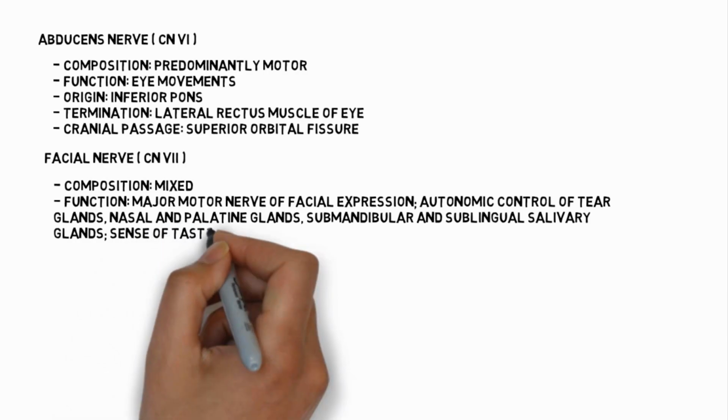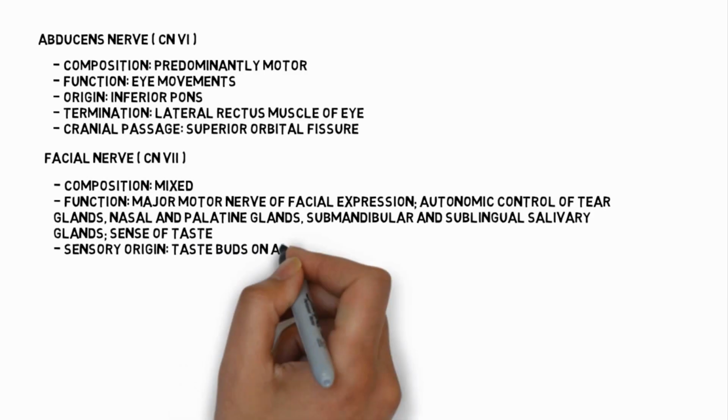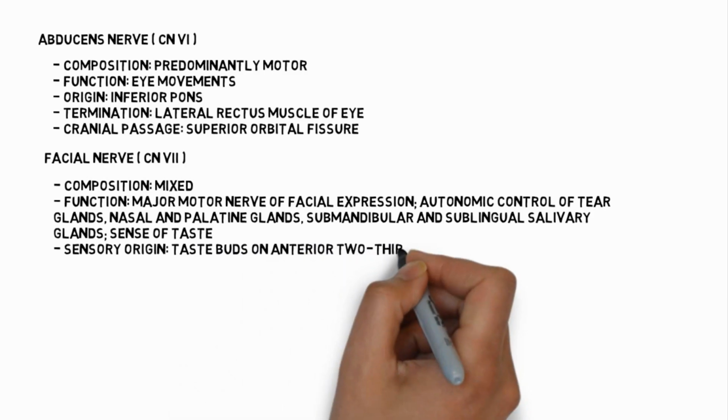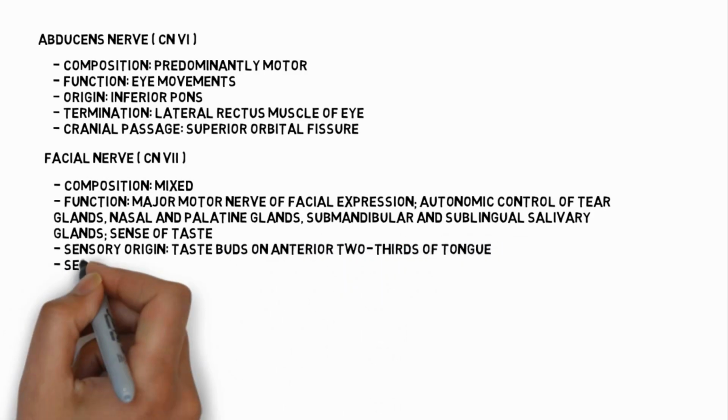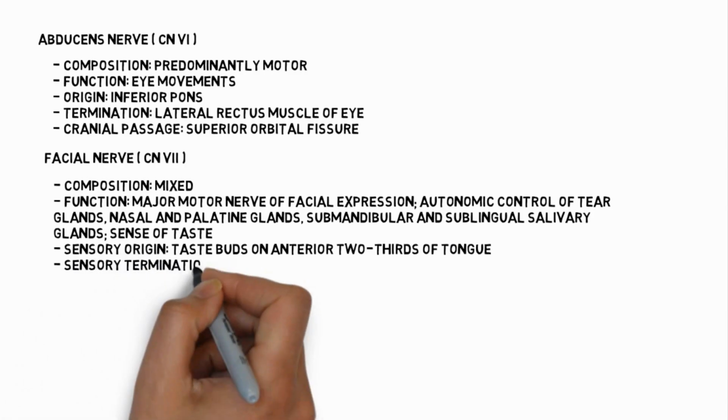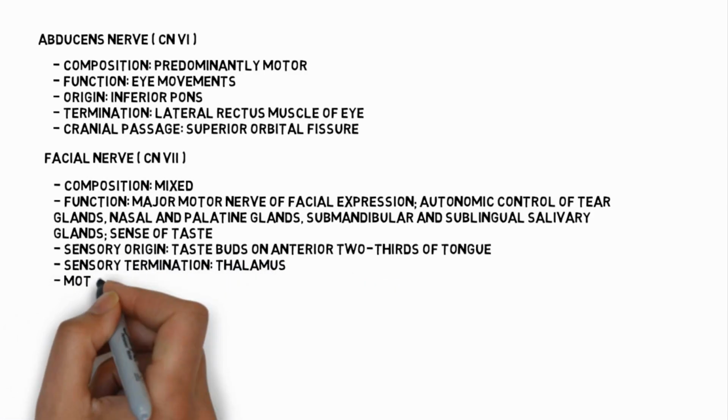Supplies special sensory nerve fibers to tongue which carries taste sensation via chorda tympani nerve. Sensory fibers originate from taste buds on anterior two-third of tongue and terminate in thalamus.